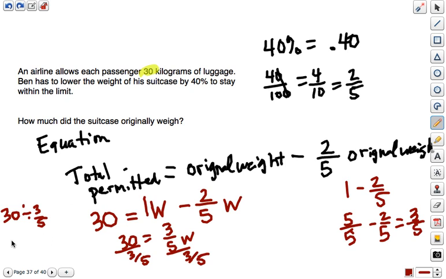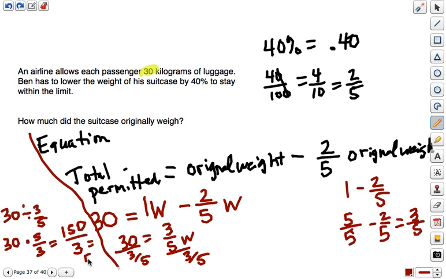When we're dividing fractions, we want to multiply by the reciprocal, so we take 30 times 5/3, and that equals 150 over 3, which is just going to equal 50. So W equals 50. So our suitcase originally weighed 50 kilograms.